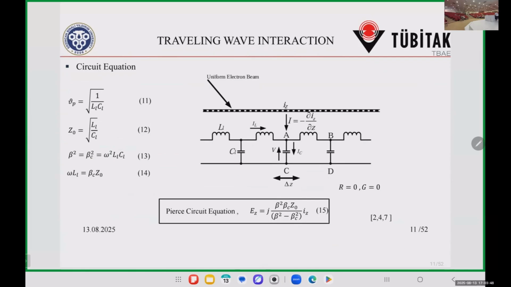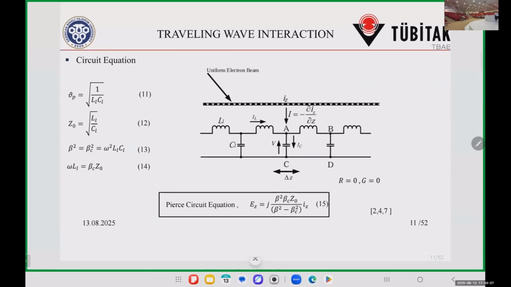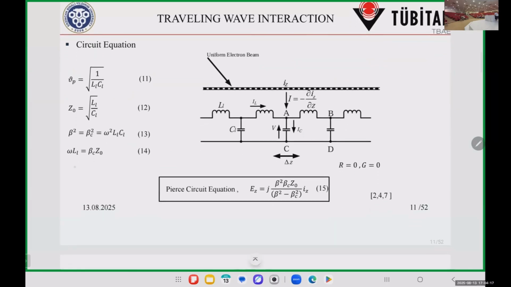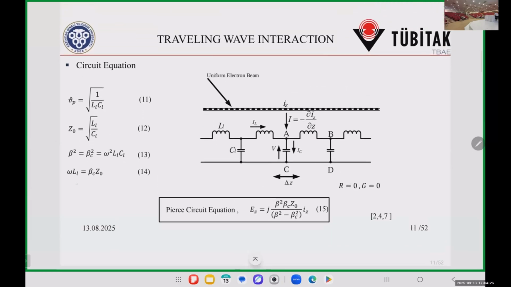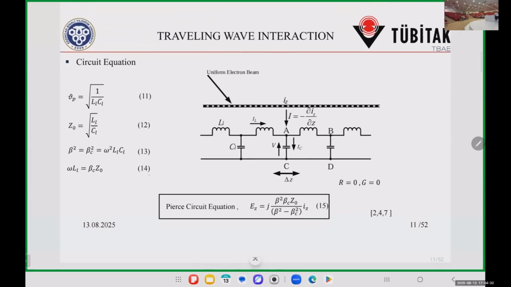If we assume R equals 0 and G equals 0, which means no loss, we can write the phase velocity of this transmission line as equation 11, the characteristic impedance as equation 12, and the propagation constant as equation 14.